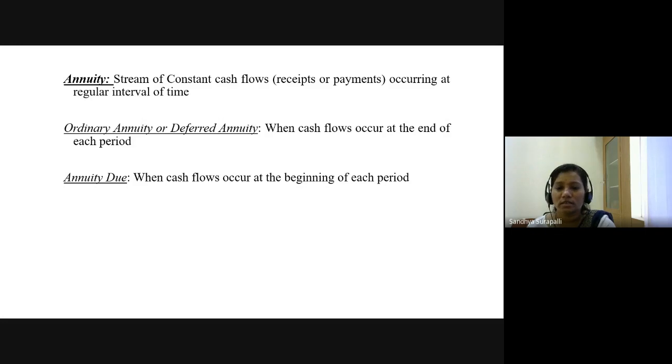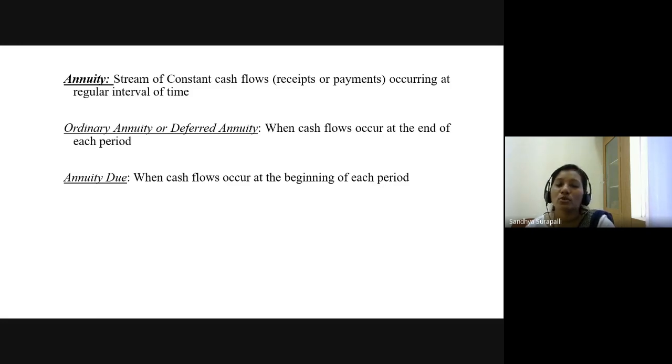Or you receive every month on the first. Pension is received every month on the first, so 30 days of gap is there between the cash flows. So regularity of that cash flow is important, and the cash flow must be the same. It should not differ from one year to another year, from one month to another month. Then it is not called an annuity. It is known as uneven cash flows.